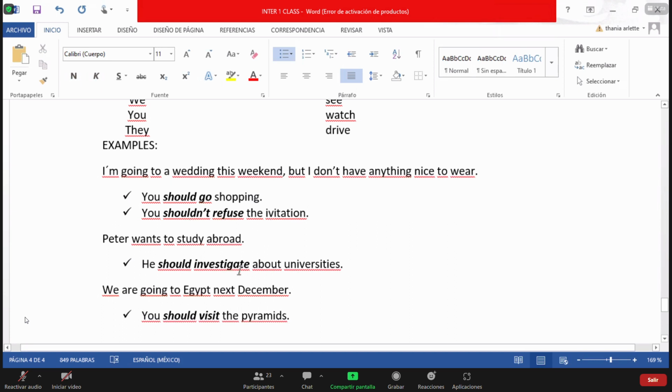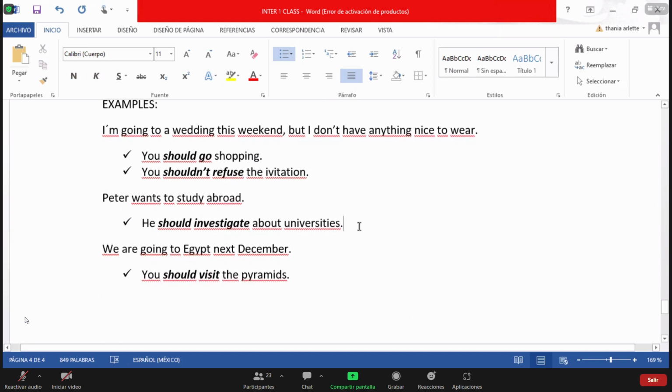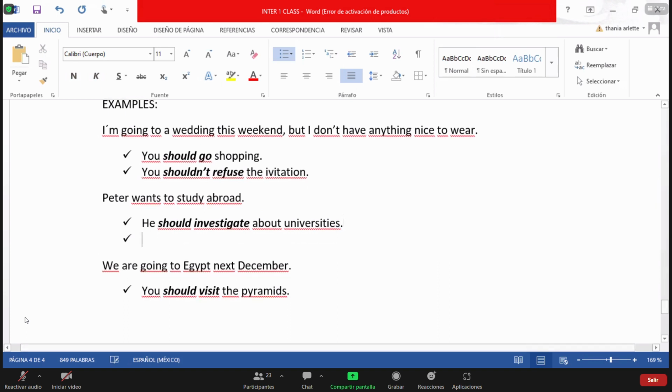This is a negative. Peter wants to study abroad. We said the affirmative is he should investigate about universities. One negative, my subject is he. The modal for the negative is shouldn't.